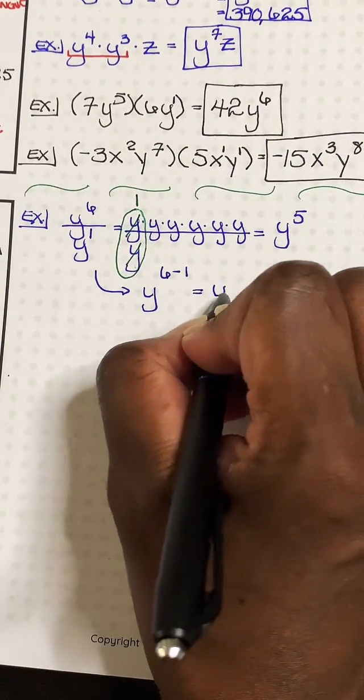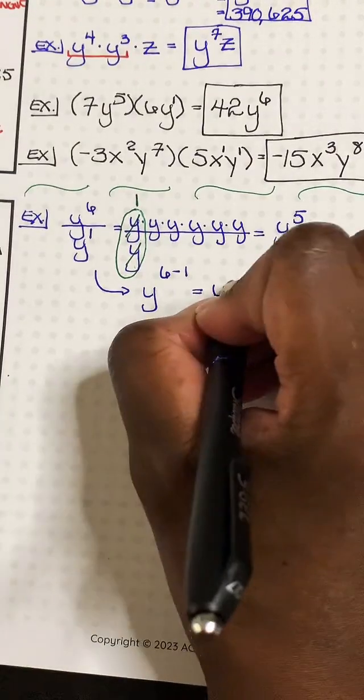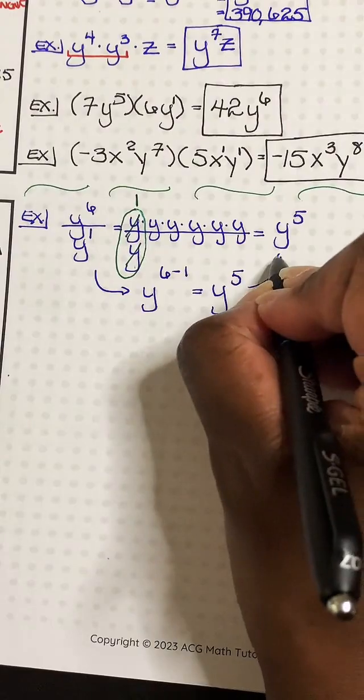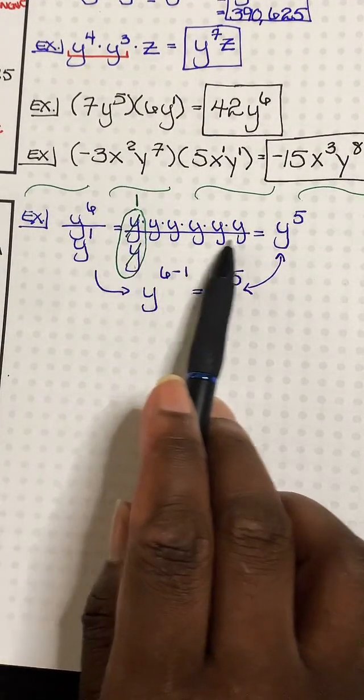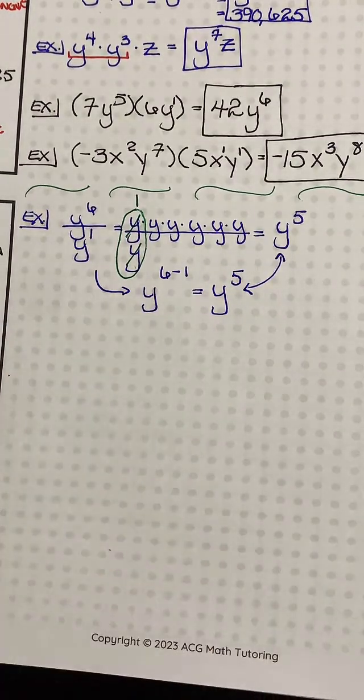So we keep that base of y, but 6 minus 1 gives me the 5. Okay, see how you get the same answer? Regardless if you did it as the extended form or you just remember the property.